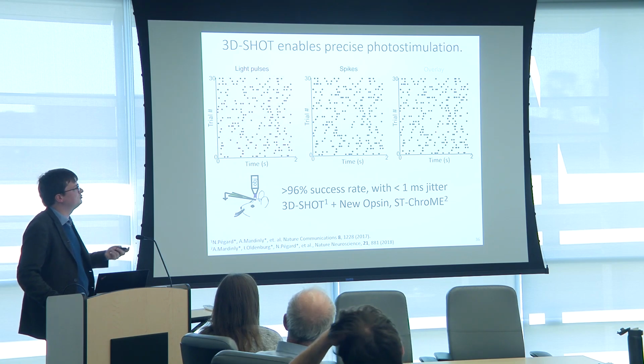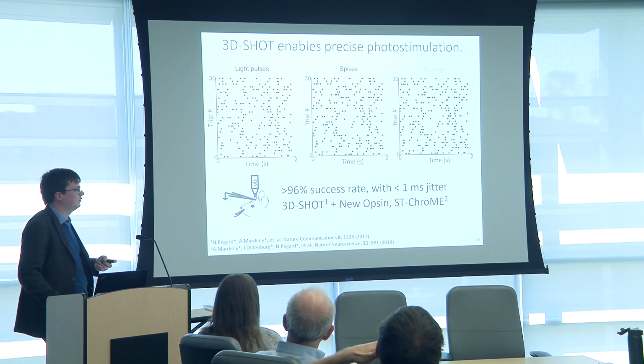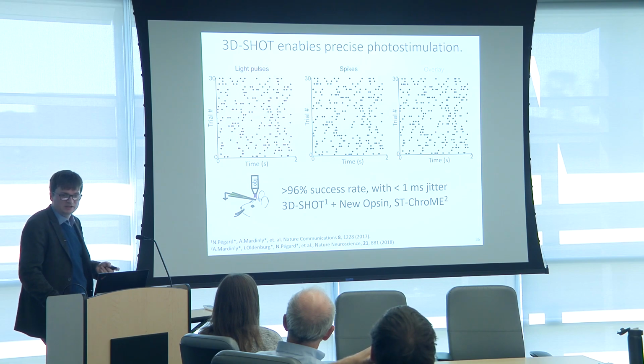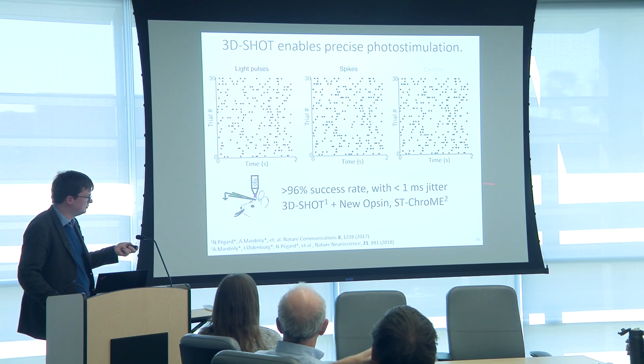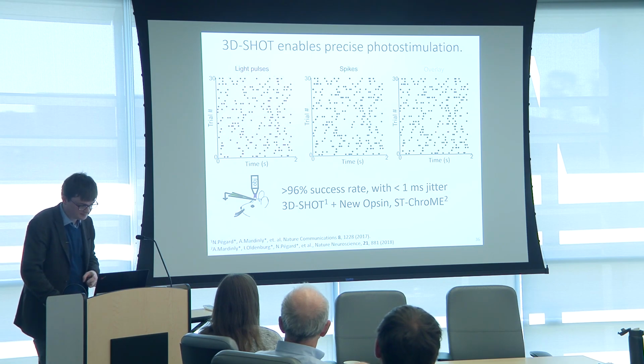Basically, every pulse will give you one spike quite reliably. So the idea is that one pulse gives you one action potential with a very strong success rate. So this is the ST Chrome opsin, and everything is detailed in this Nature Neuro paper. The lead person was Alan Mardinley on that.